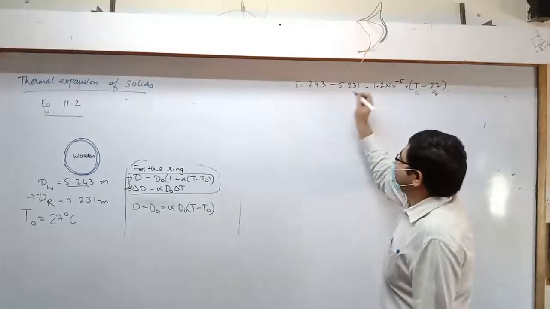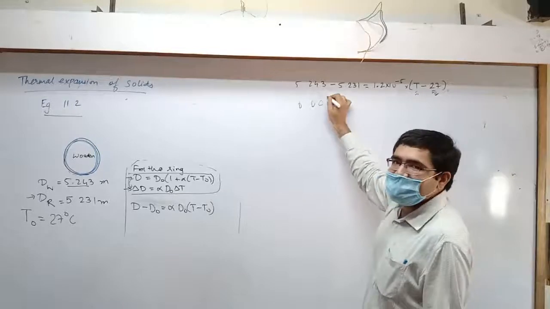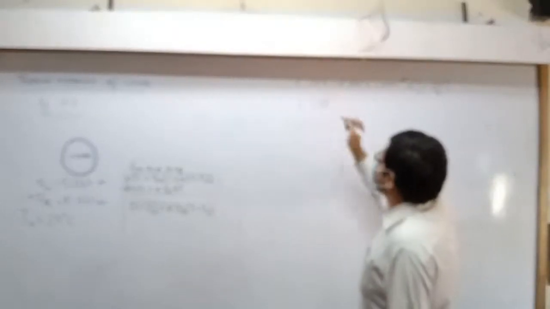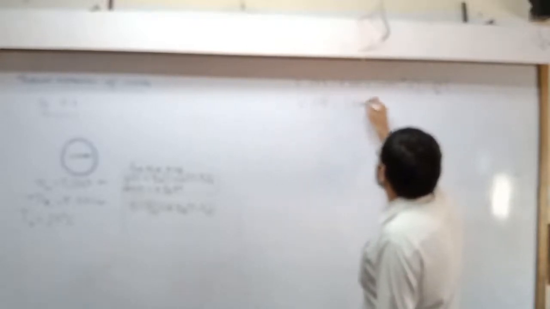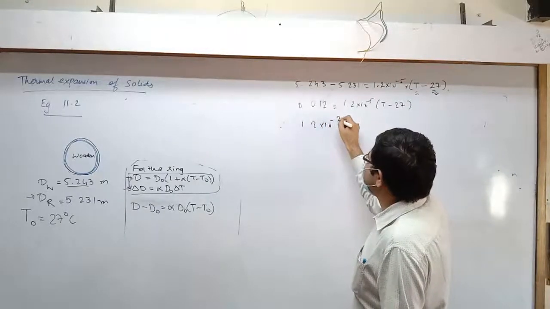So here, subtract: 0.012. Equal to 1.2 into 10 raised to minus 5 into (T minus 27). So here this is nothing but 1.2 into 10 raised to minus 2. Clear?